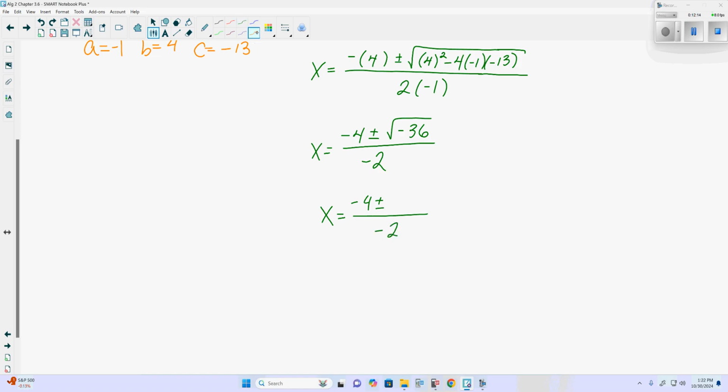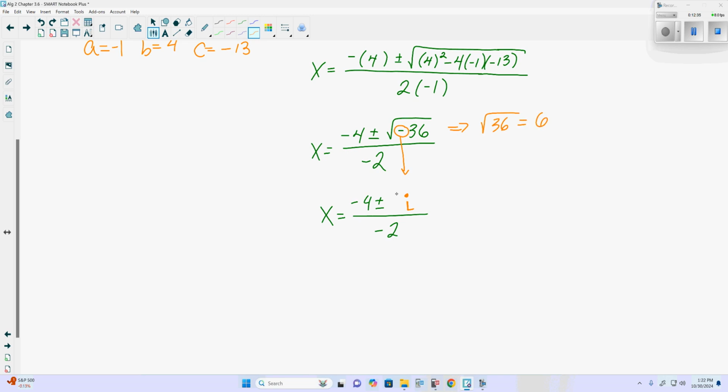Now we can reduce the square root of -36. Because the negative is going to come out as i. Anytime we have a negative inside the square root, it's going to come out as i. Now what that leaves us with is the square root of 36.